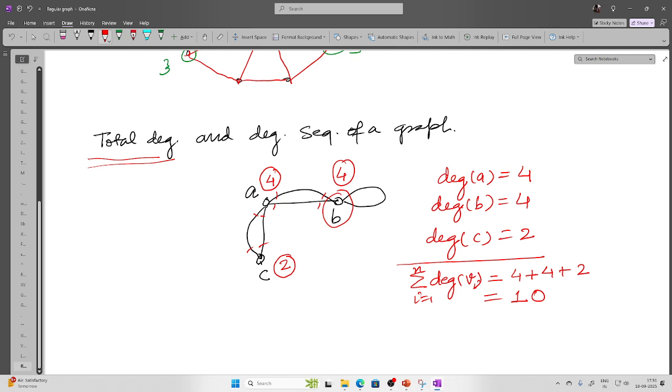Now, what is a degree sequence? Degree sequence means writing the degrees of a graph in ascending order, or sometimes some people write it in descending order, that doesn't matter. So here, in ascending order, the degrees are 2, then 4 and then 4. This becomes the degree sequence for this particular graph.